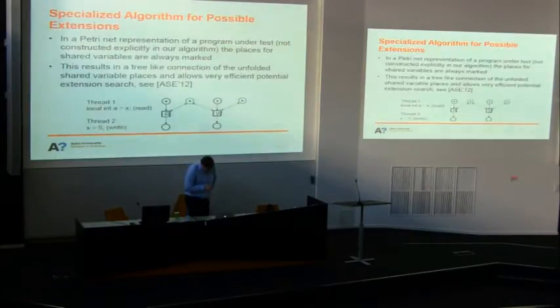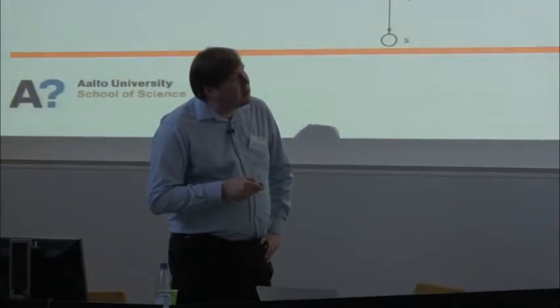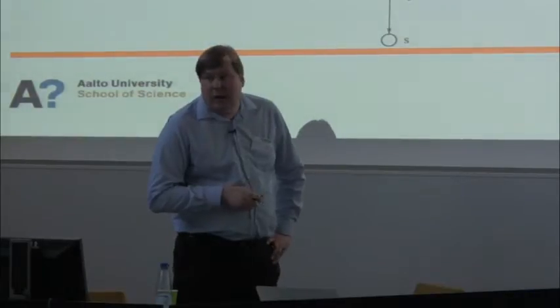But let's show the NP-hardness. Consider this SAT formula: (x1 or x2 or x3) and (not x1 or not x2 or not x3) and (not x1 or not x3 or not x2 or not x3). You can generate such a Petri net in such a way that there will be a token in here in some reachable marking if and only if this formula is satisfiable.